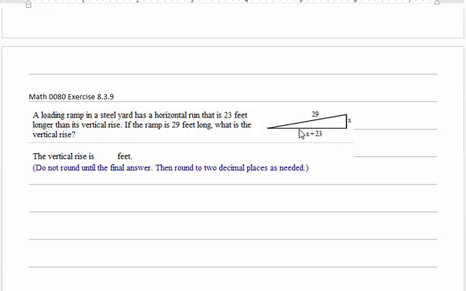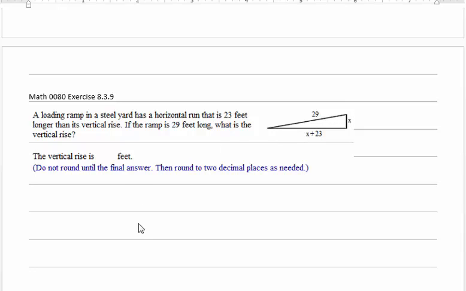The run is the horizontal part of the triangle, and the rise is the vertical part of the right triangle. And notice the ramp is actually the hypotenuse of the triangle.